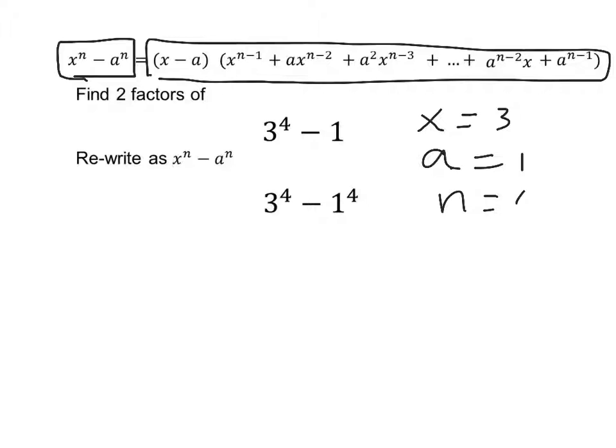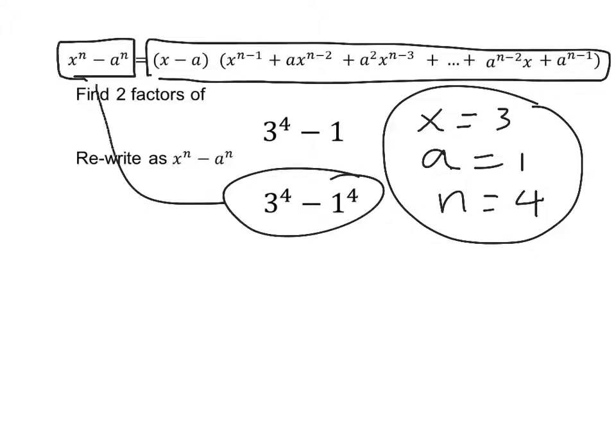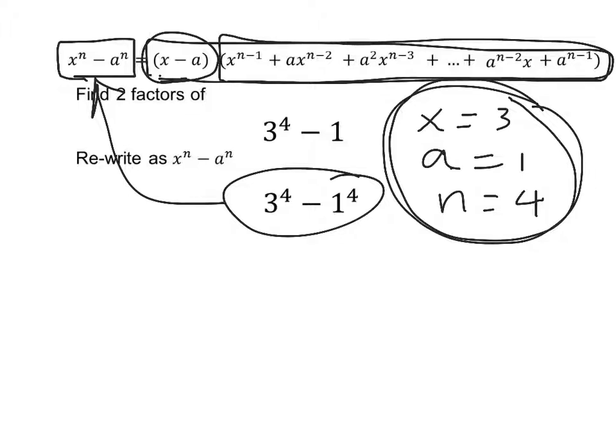If you get these three things out from the problem by comparing, then you're on your way, you're set. So now we're going to plug in these values over here into here and here. All right, let's start off.